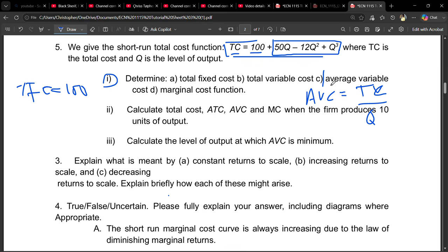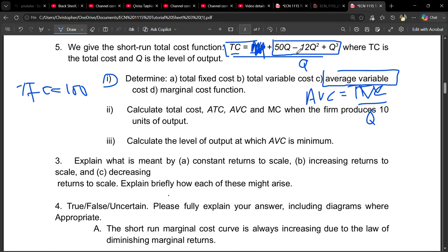Okay, so this question was saying average variable costs, right? So we put total variable cost there. Average variable cost is simply total variable cost over the quantity. So you just divide these variable costs by quantity, remembering that you are ignoring the 100 that is there.